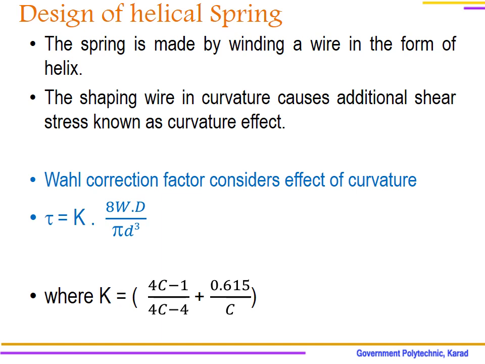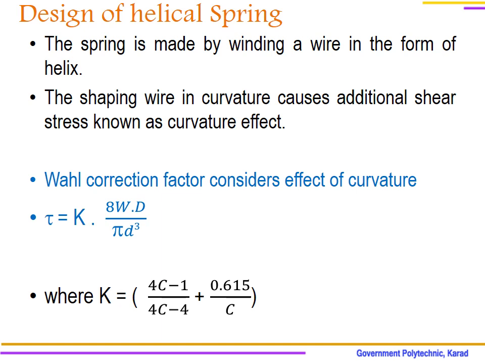Here Ks is replaced by Wahl's correction factor. So our new equation will be, let us replace Ks, tau is equal to K multiplied by 8WD upon pi d cube, where K is the Wahl's correction factor, and this Wahl's correction factor considers the effect of curvature.